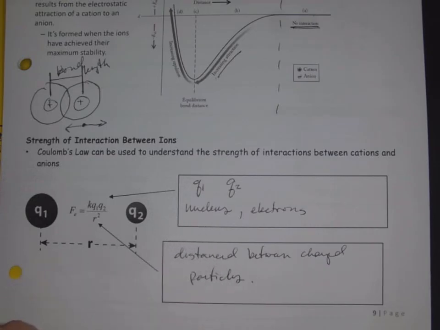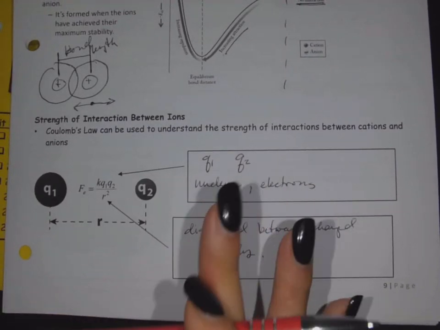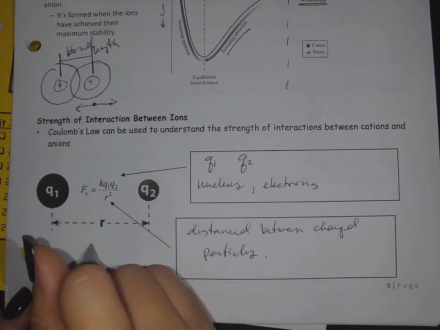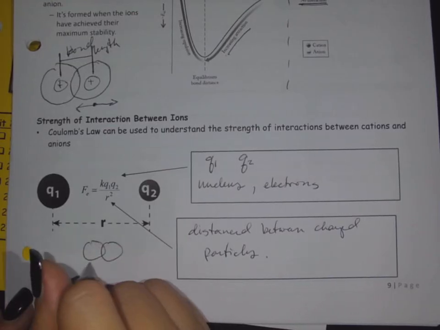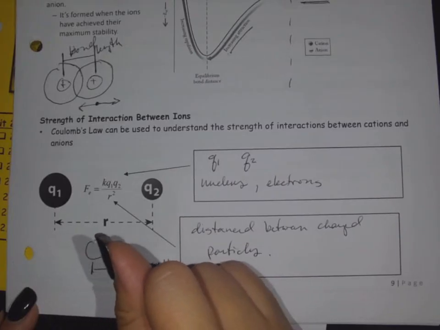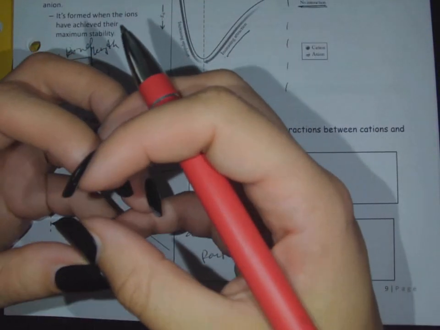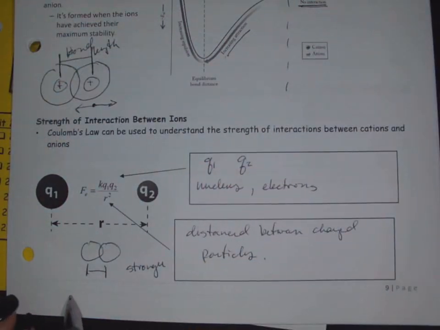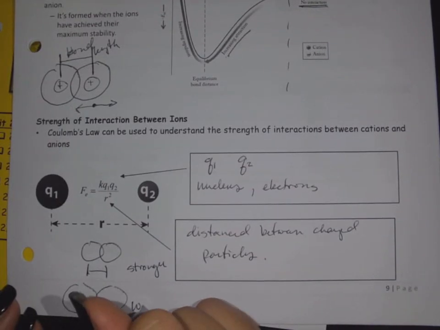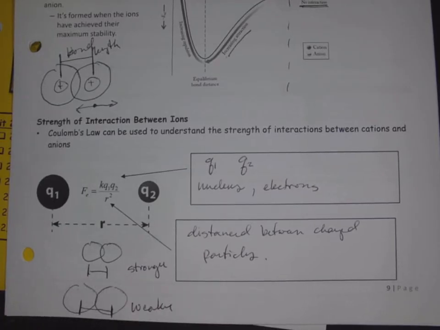So use Coulomb's law definitely to talk about the strength of these bonds, because what tends to happen is that shorter bonds, okay, there's my bond length, those tend to be stronger. The attraction between them is greater, and so it takes more energy to pull them apart. And then longer bonds, there's that bond length, they tend to be weaker. They're further away from each other, so the attraction isn't as great, and so it's easier to pull them apart.